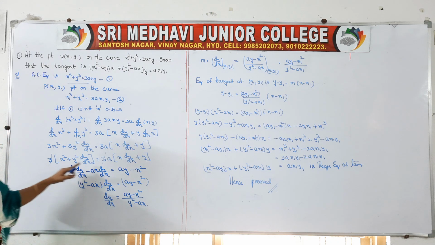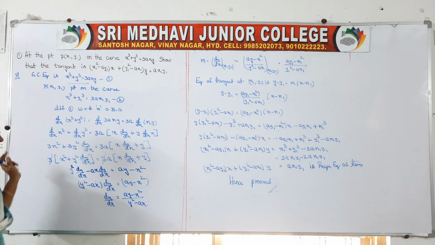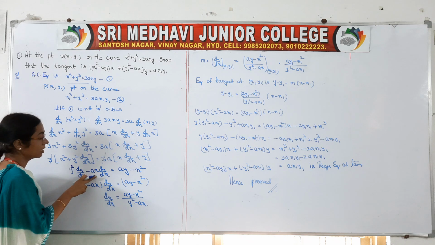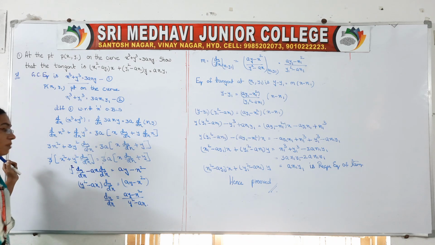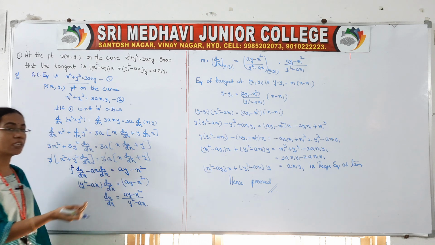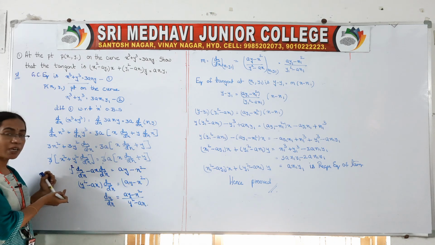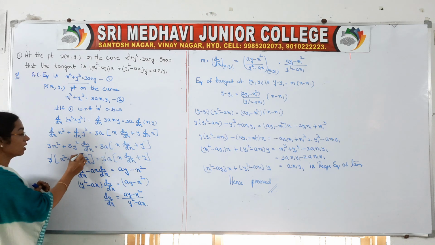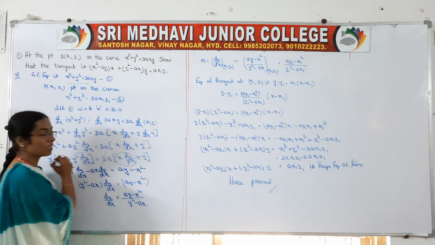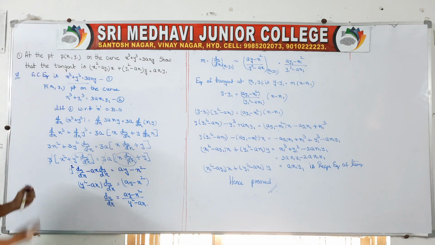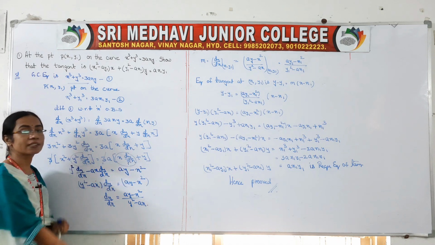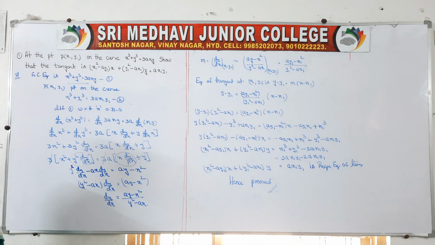Okay, so this side the 3 cancels. So y square dy by dx minus a x into dy by dx is equal to a y minus x square. That means writing the dy by dx terms together, here we have dy by dx, here also we have dy by dx. Write the dy by dx terms together and send the remaining terms to the other side.